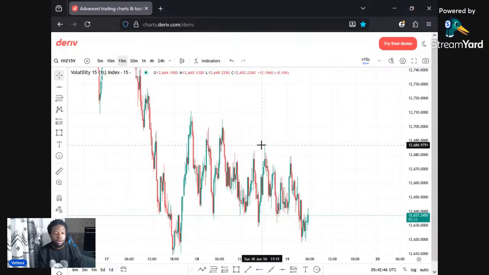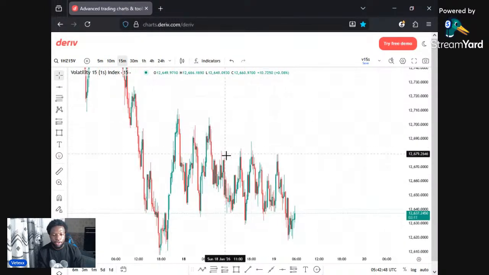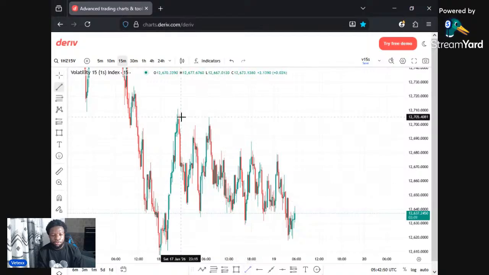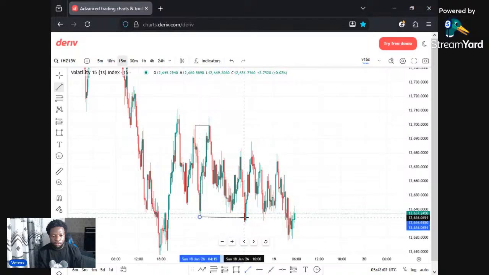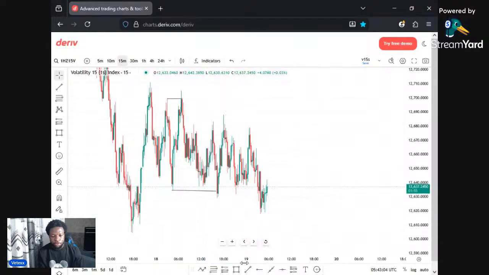Okay, all right. This right here, we have a sweep of liquidity here, and then we have our first break of structure, which is this. This is our second break of structure, which is this.